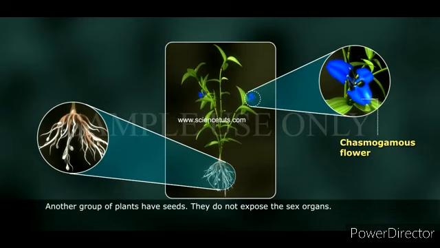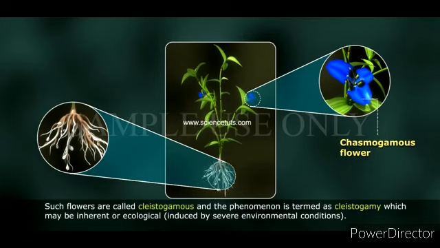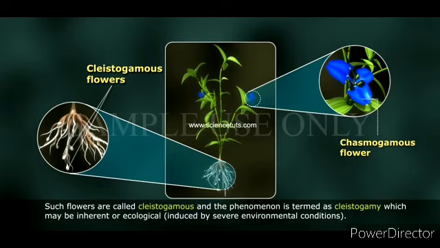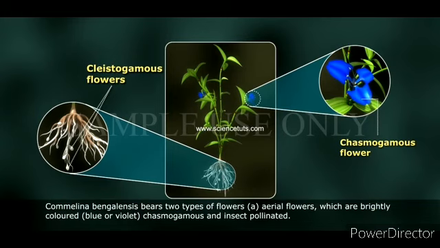Another group of plants have flowers that do not expose the sex organs. Such flowers are called cleistogamous, and the phenomenon is termed cleistogamy, which may be inherent or ecological, induced by severe environmental conditions. Commelina benghalensis bears two types of flowers.